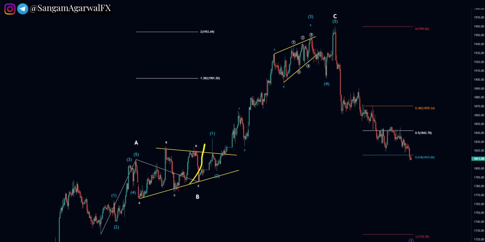And this third impulsive wave is again subdivided into lower degree, and we start wave counting again. Wave 1, 2, third impulsive wave, fourth wave correction, then final wave, which is ending with an ending diagonal chart pattern.